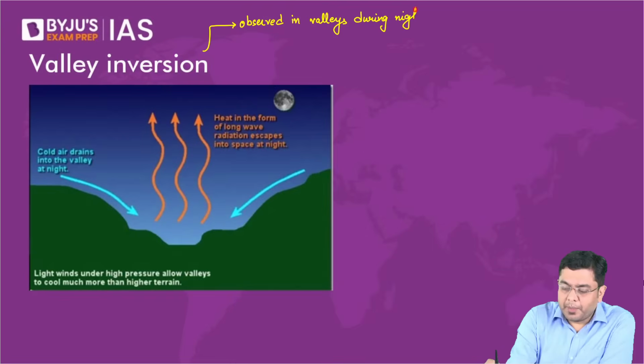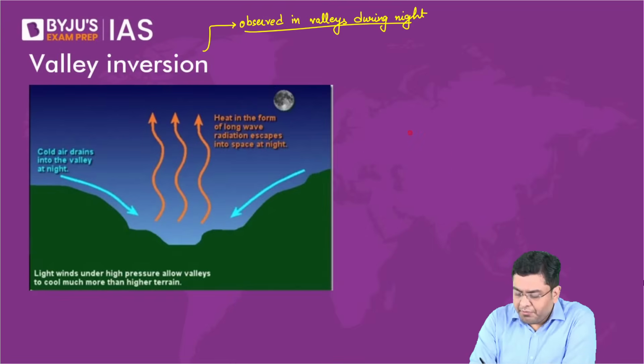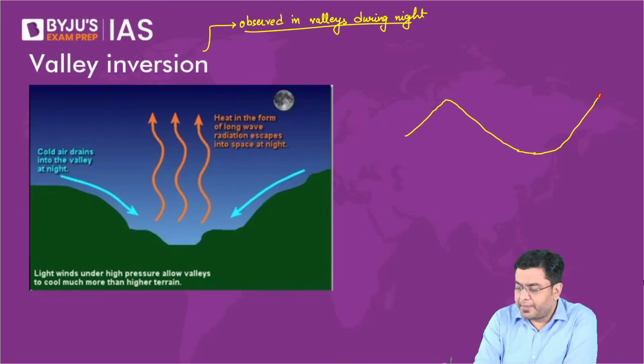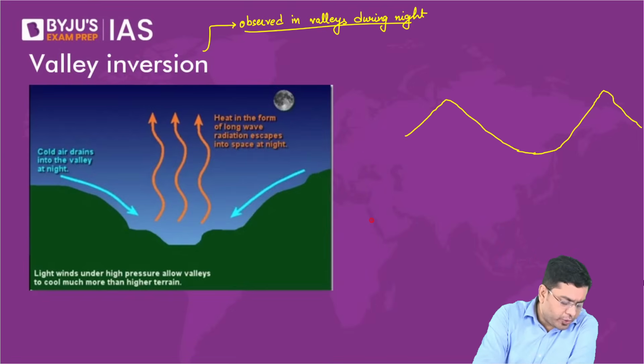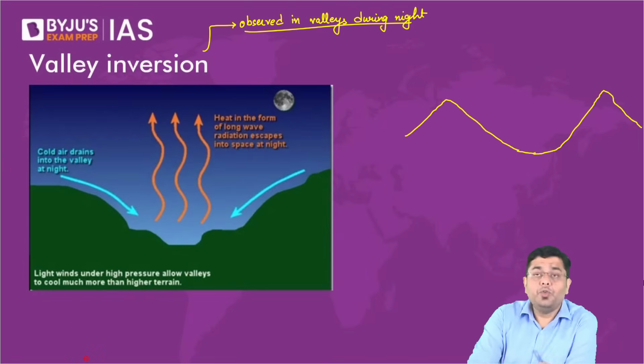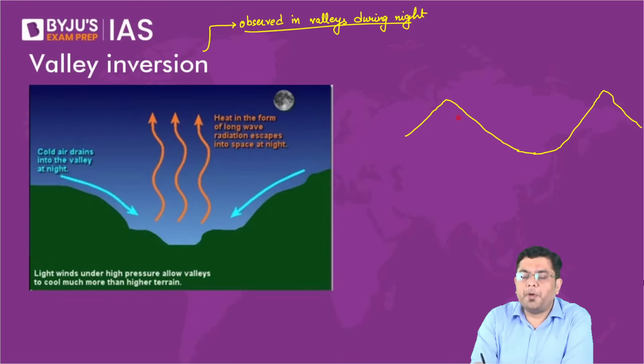Now understand the process behind it. When we say a valley, let's suppose a mountainous area. A valley in general will be surrounded by hills and mountains on both sides. Let's suppose these are your mountainous areas. Now, during night time, the temperature at the top of the mountain, will it be low?